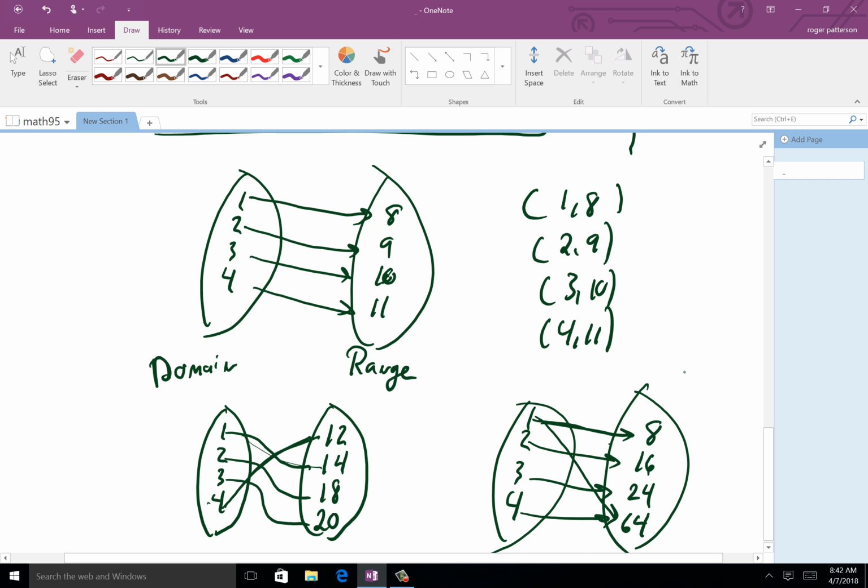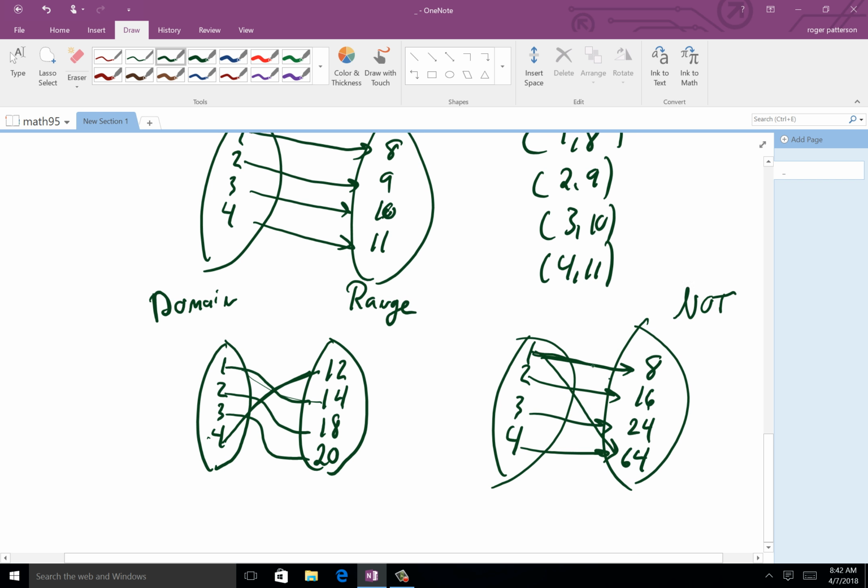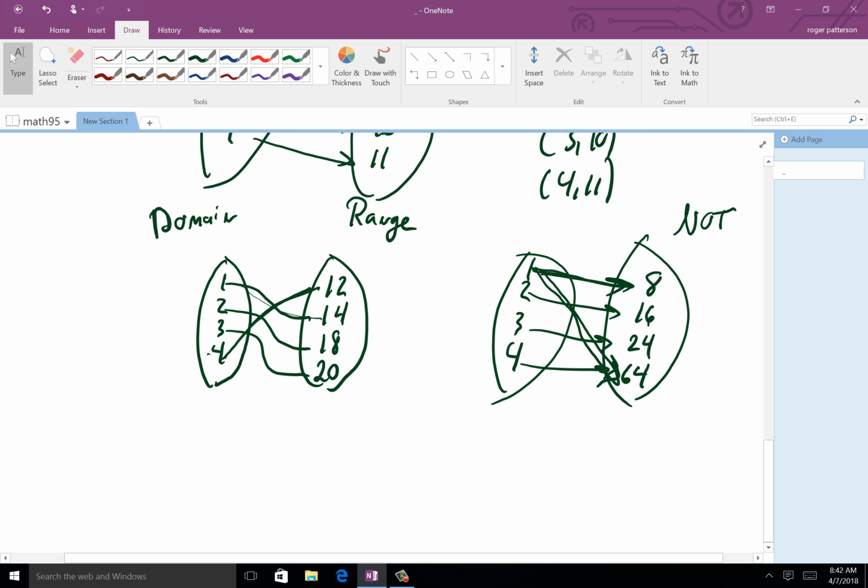Okay, this one's not, because 1 goes to 8, but it also goes down here to 64. And that makes it not a function. Okay? Because it goes to two things. You can't have that. So that's not. As soon as you see a domain number going to two different things, then that makes it not a function. All right?